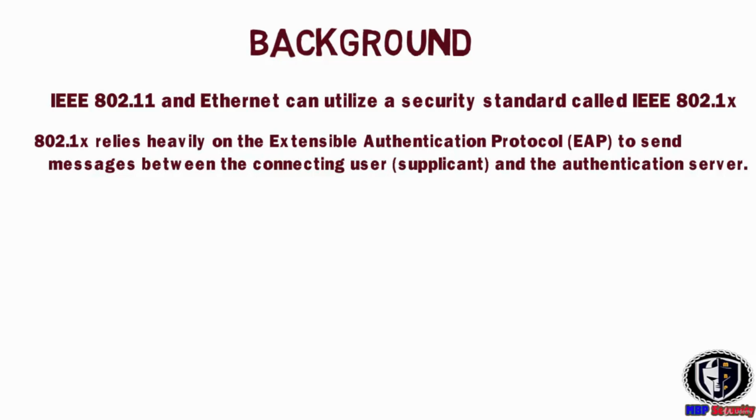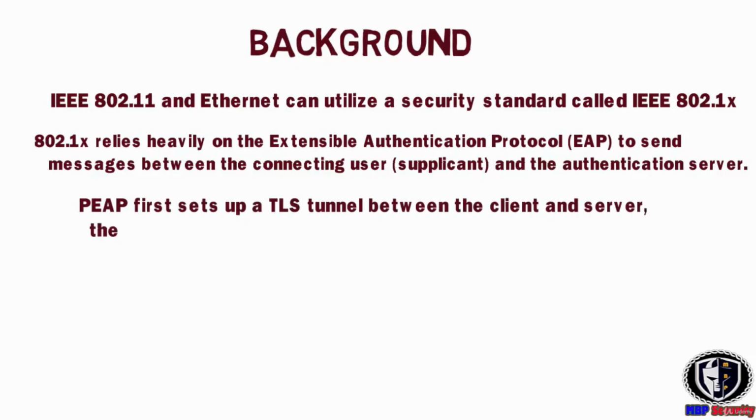To be as flexible as possible, there are different Extensible Authentication Protocol types which offer different authentication options chosen by the network administrator. For instance, PEAP first sets up a TLS tunnel between the client and server, then sends a username and password within that tunnel.